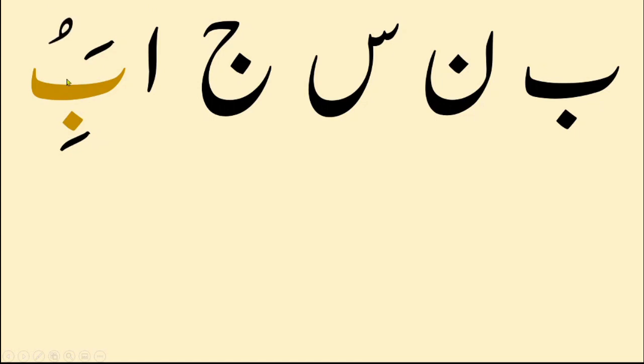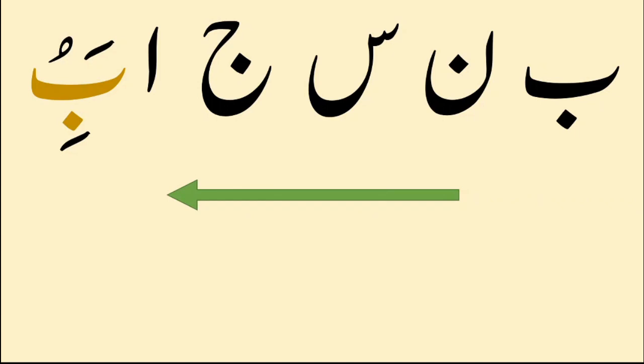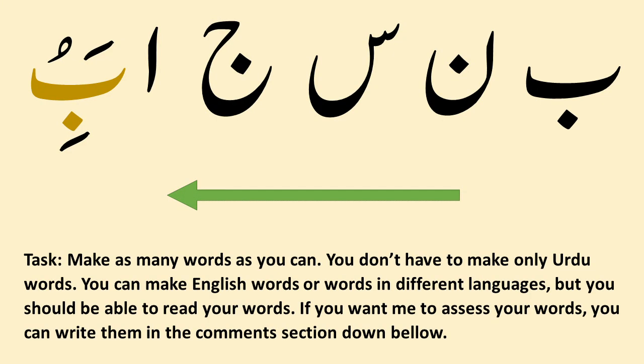And this symbol on the top of a letter gives you u sound, right? So we learned 4 consonants and 4 vowel sounds. Now, remember, Urdu goes from right to left.